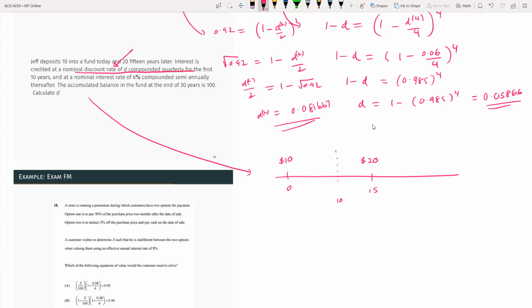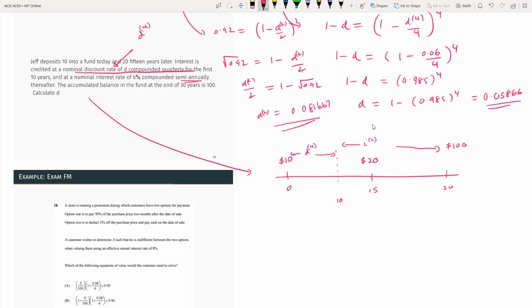So if you use our notation, it's D^(4). They use D, but you can say it's D^(4). And at a nominal rate of 6% compounded semi-annually thereafter, so then we have I^(2). The accumulated value of the fund at the end of 30 years is 100. We need to calculate D, and in our notation, it's D^(4).